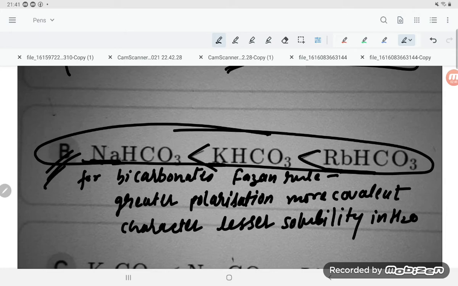We explain this on the basis of Fajan's rule, because like dissolves like: polar dissolves in polar, water is polar, so a covalent compound will not dissolve, but an ionic one will. RbHCO3 is ionic, while sodium, being smaller, has more polarizing power and more covalent character, so it dissolves the least in water.